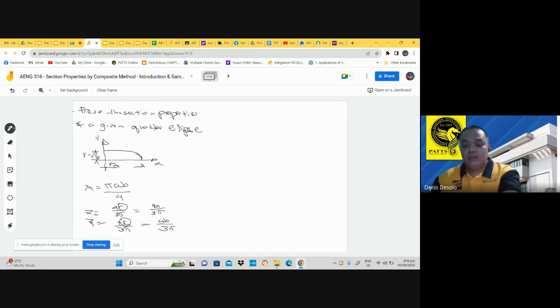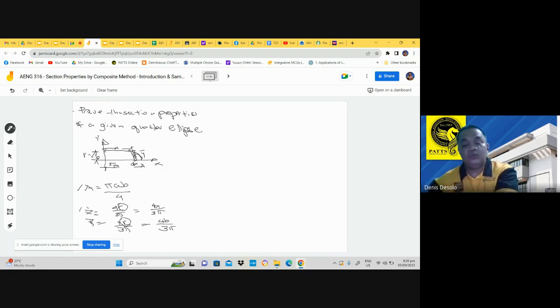If I want to prove this one, assuming I'll be using a vertical element, let us say, this is a vertical element. The height is y, this is differential of x, and the distance is x. That means I can prove the area and the x bar.